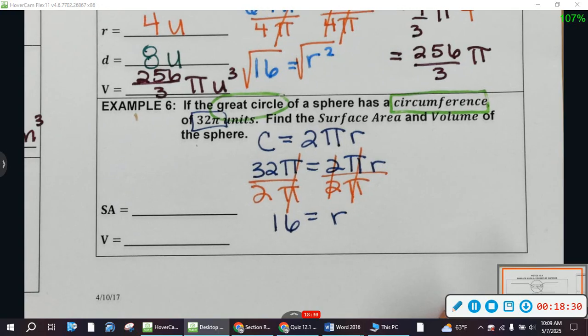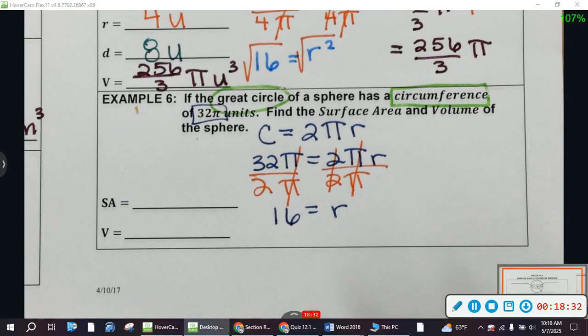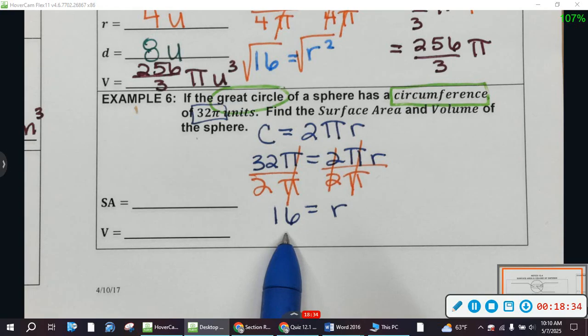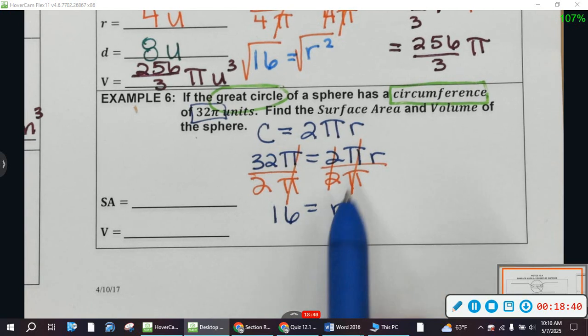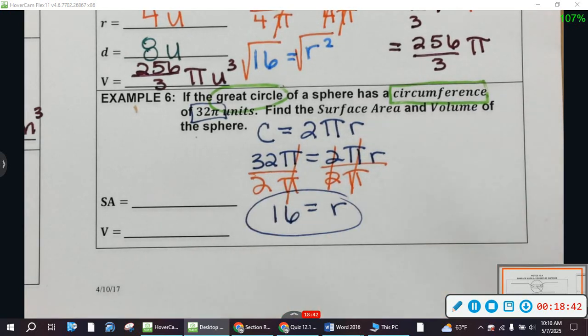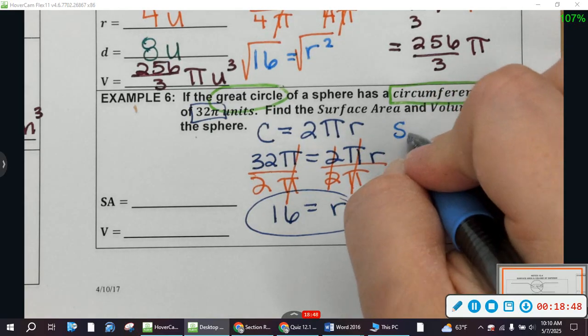Now, do we need to square root this or do we need to cube root this? And no, we do not, because this is already r by itself. Cool. So the last thing we need to do is surface area and volume.